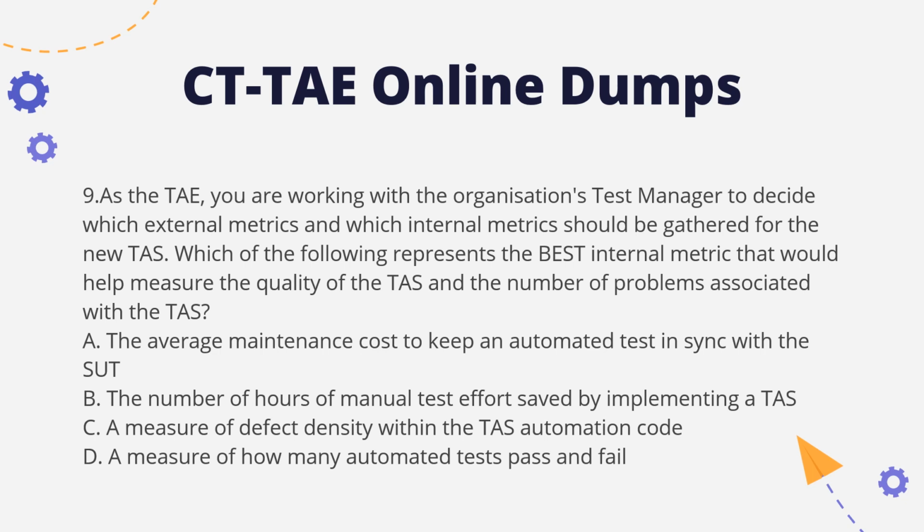A. The average maintenance cost to keep an automated test in sync with the SUT. B. The number of hours of manual test effort saved by implementing a TAE. C. A measure of defect density within the TAE automation code. D. A measure of how many automated tests pass and fail.